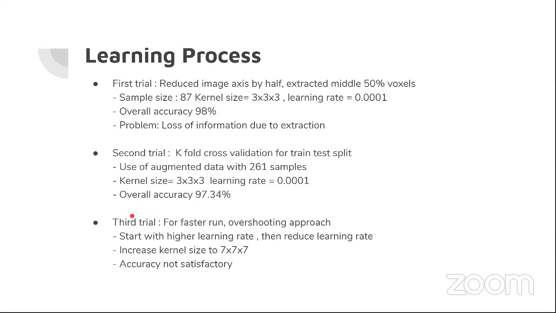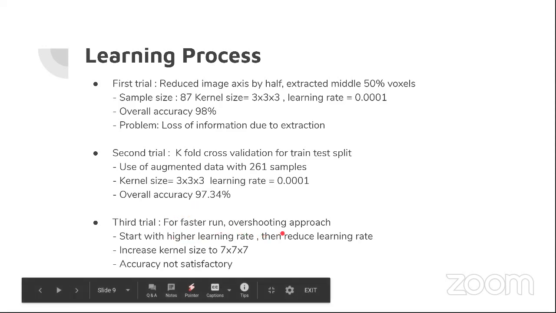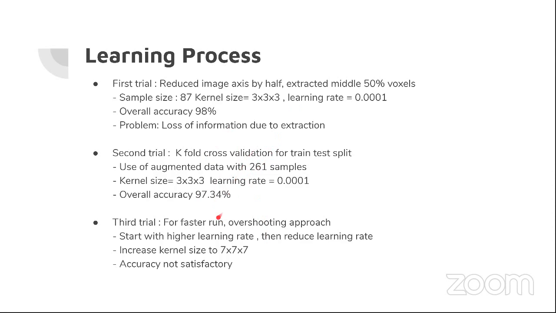So this time we went for a faster run approach, because one of our main issues with the trials was training time. To get the minimum loss in less time, we started with a higher learning rate, 10 times the original learning rate, ran some epochs, saved the model at the lowest loss, then reduced the learning rate and trained the model again on the same sample sizes as before.